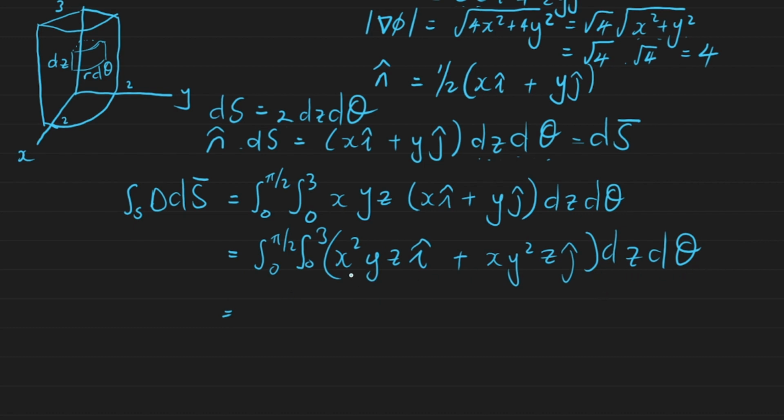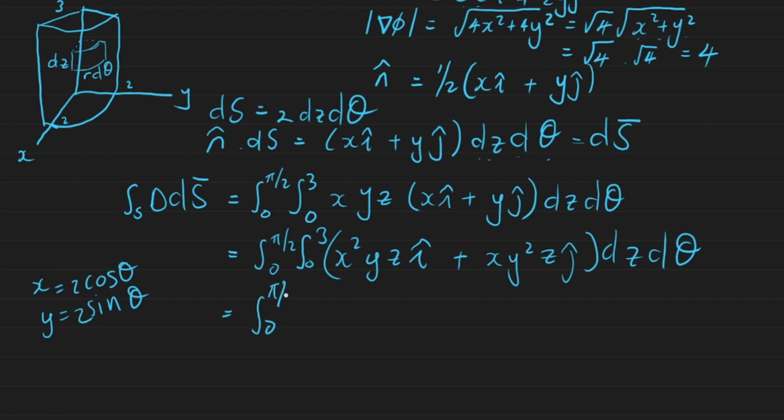So we have to convert x and y to be in terms of theta. So how do we do that? Well, we use polar coordinates. So we would remember that x is just r cos theta and y is r sine theta. And radius is 2, which we see from the question. So we just substitute these things in.